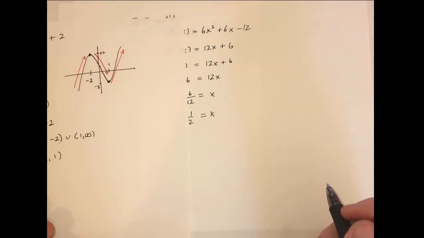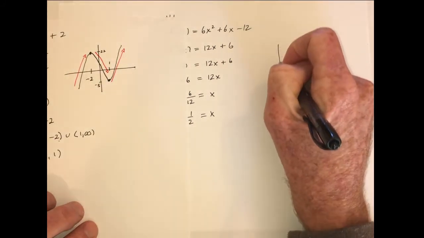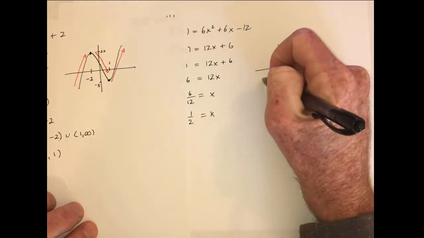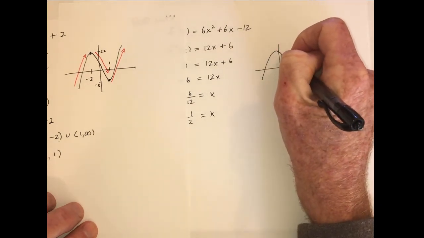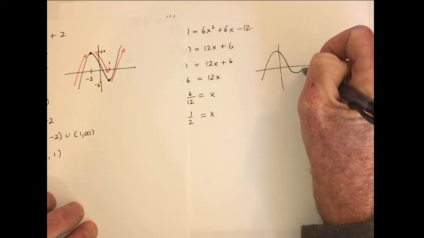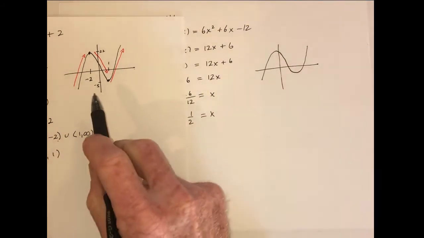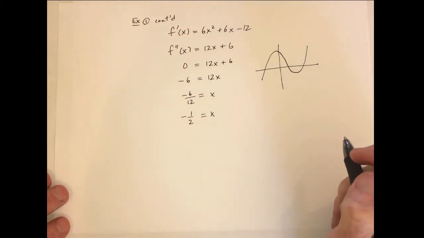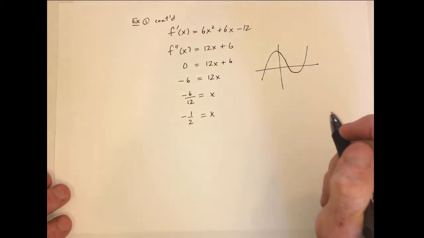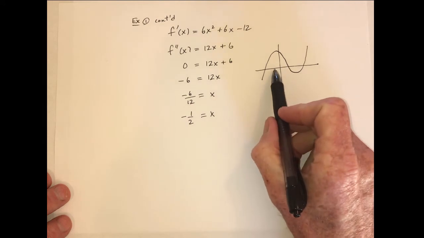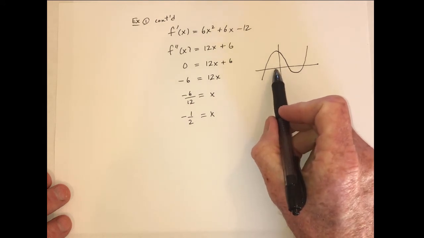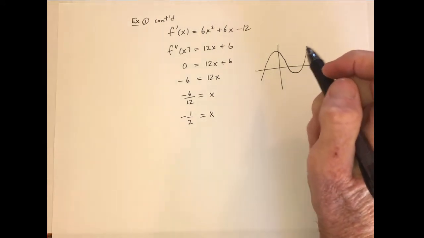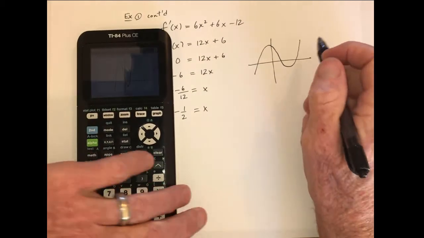So I'll just make another copy of the picture. So the graph looked like this. And since I'm talking about the second derivative, I don't need these other numbers on there. And then at x equals -1/2, -1/2 is over here. So I need to redraw that picture.